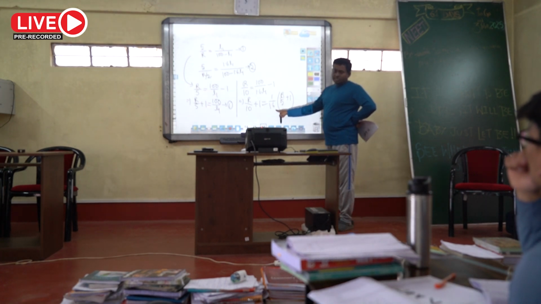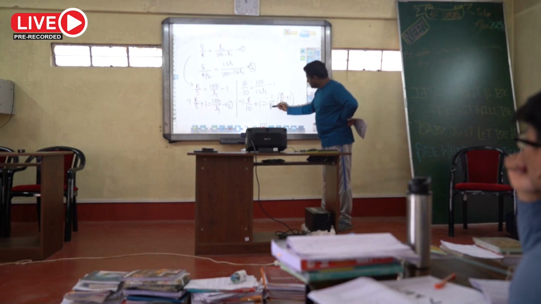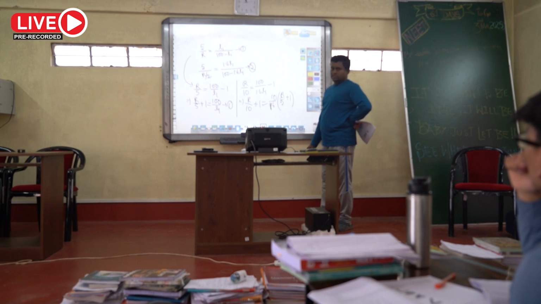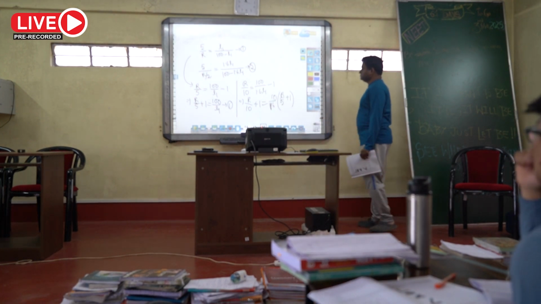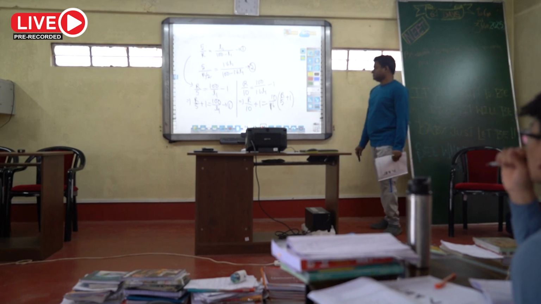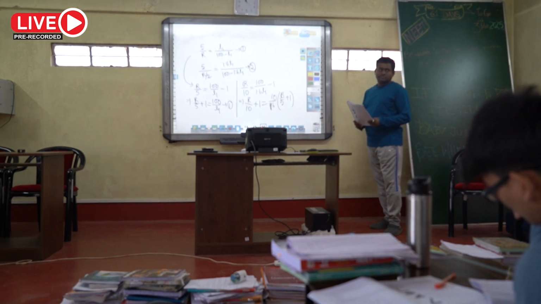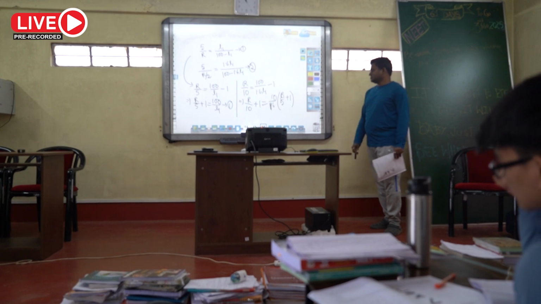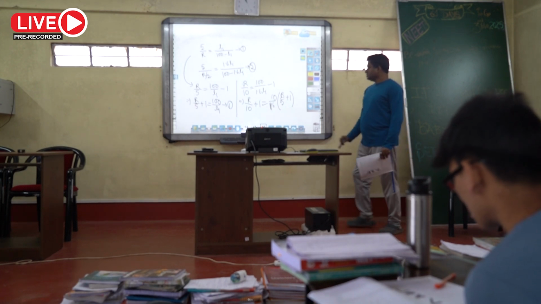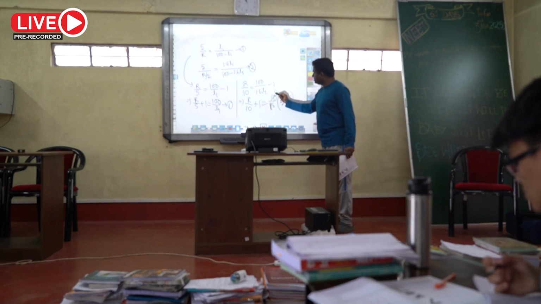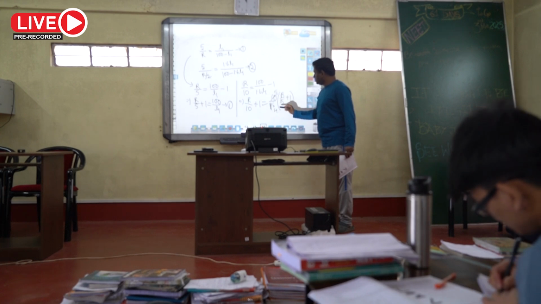Then 1.6 means 16 by 10. So it will be 16, this one will be 10. Then just multiply. So it will be 5, 4.